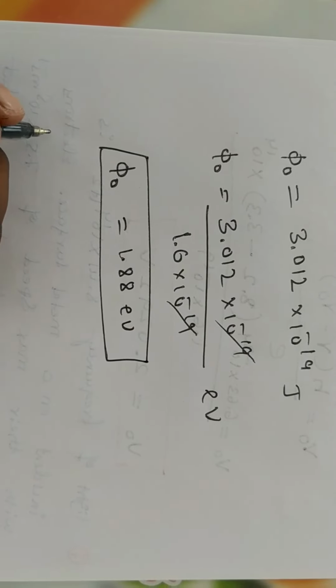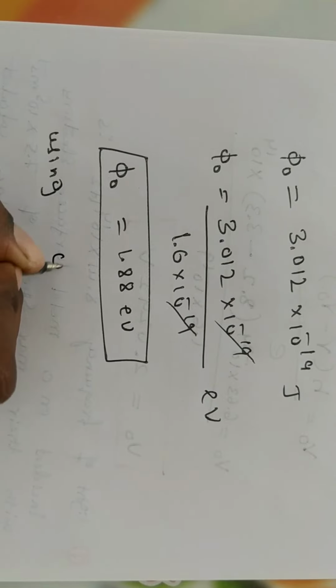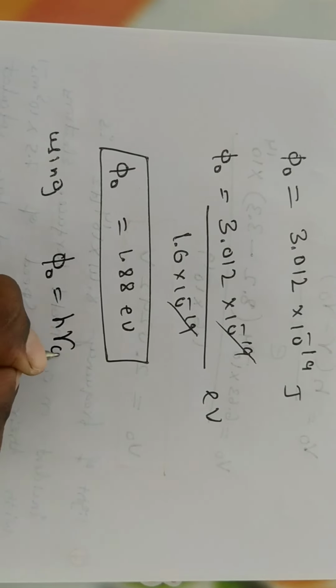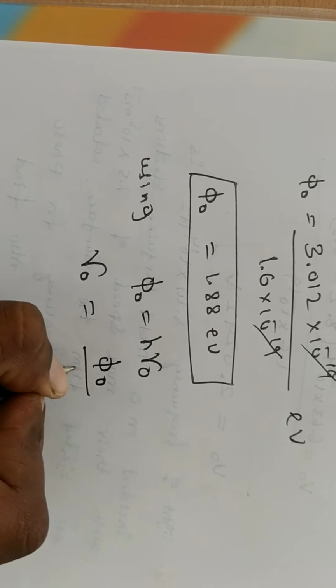Then threshold frequency. Next, using phi naught is equal to h nu naught, nu naught is equal to phi naught divided by h.